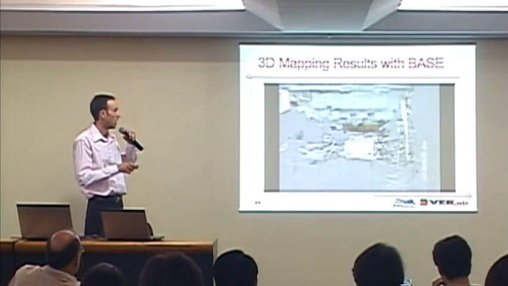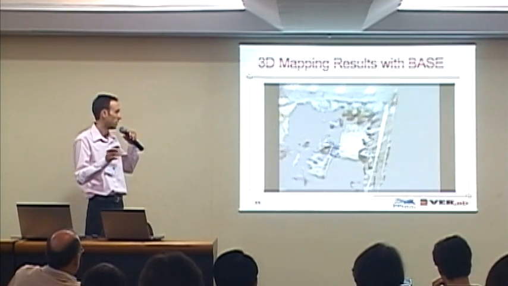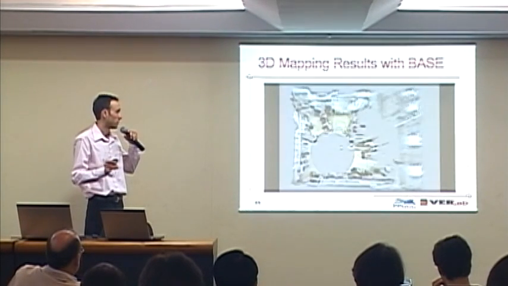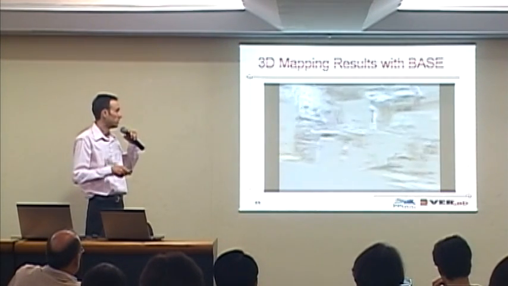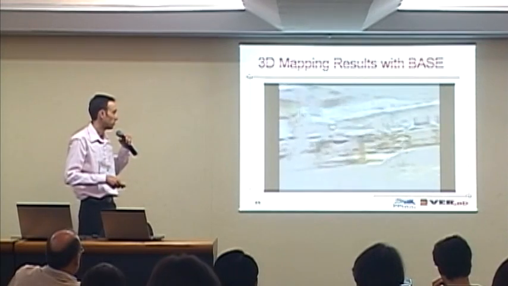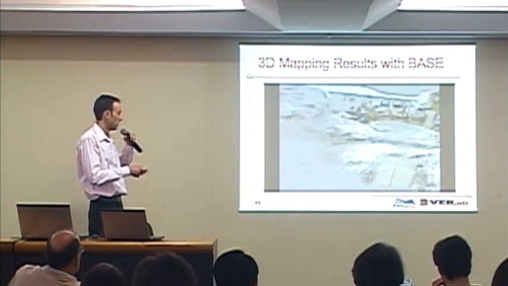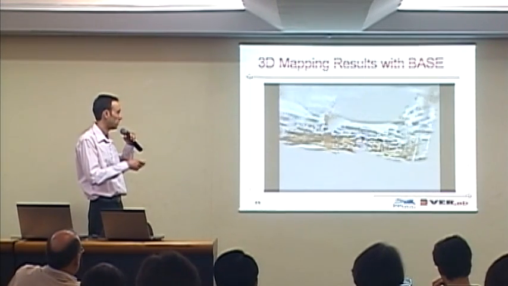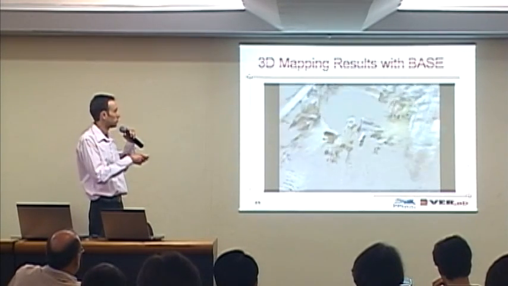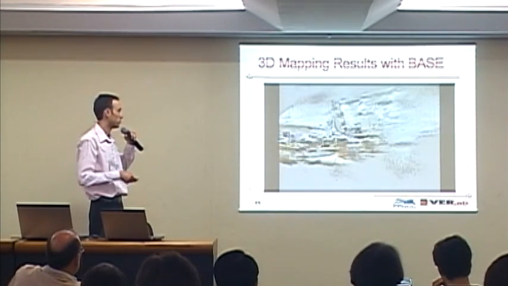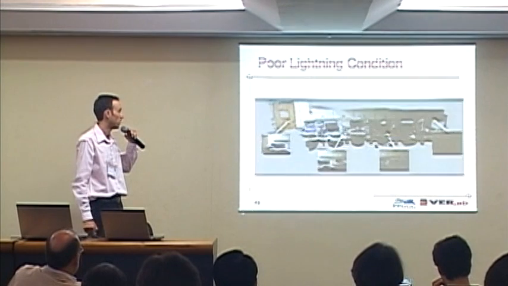So it's just an alignment of pairs of clouds. And even with the limitation of the sensor, where we can see these holes in the cloud, it was possible to obtain a good alignment.